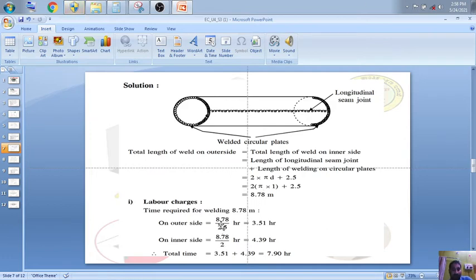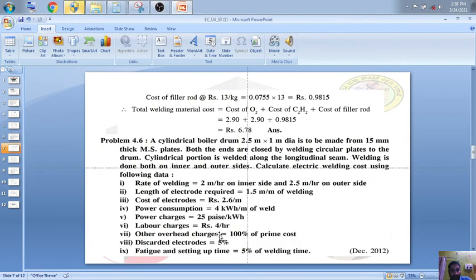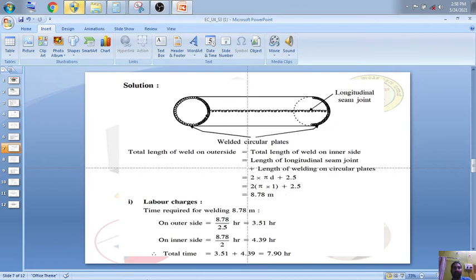We can weld 2 meter per hour inside and 2.5 meter per hour outside. Since our welding length is 8.78, it requires more than 1 hour. So 8.78 divided by 2.5, that is 3.5 hours, is required for outside welding.